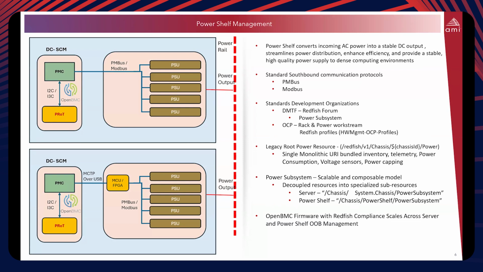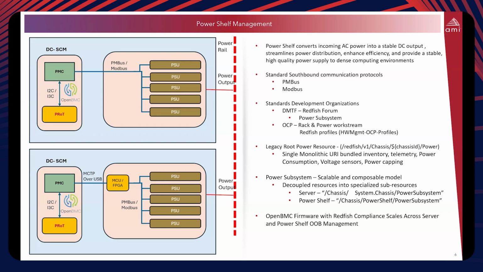In a typical design, the power management controller talks to the power supplies via standard interfaces like Modbus and PMBus. There are certain designs where an MCU or FPGA sits between the PMC and the power supplies. The communication between the BMC and the MCU or FPGA is MCTP or USB. And the MCU or FPGA in turn communicates to all the power supplies via PMBus.